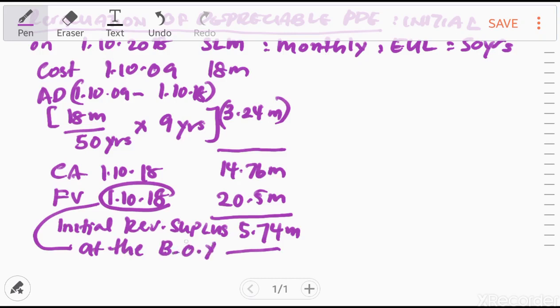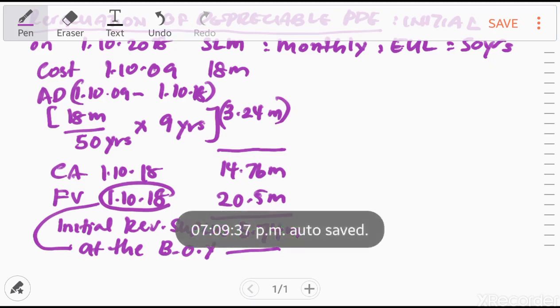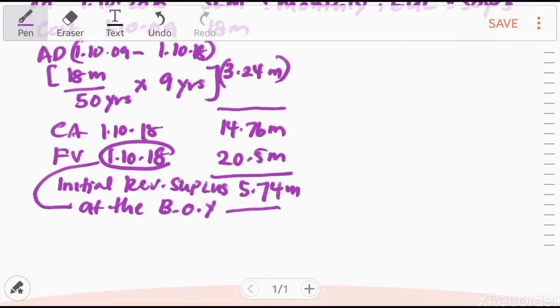So if you talk about the current year depreciation for the year ended 30th of September 2019, the depreciation will be charged based on this new value, the fair value. So we will calculate the current year depreciation here, in preparation for the movement.